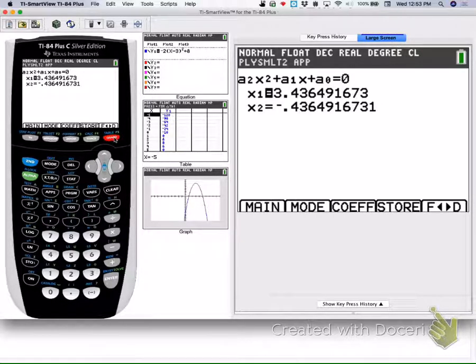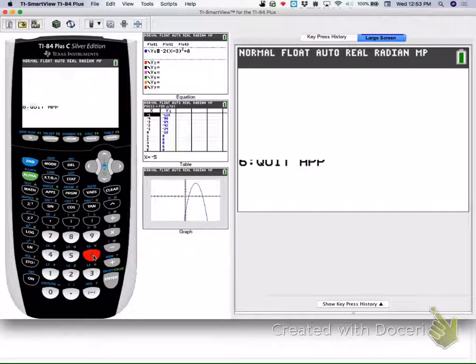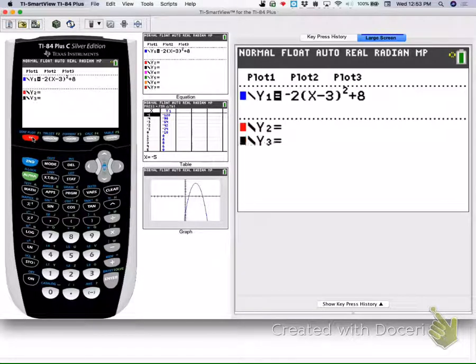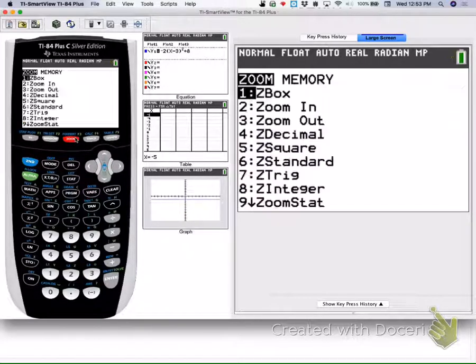Now, just to show you that we could get that by looking at the graph too. I have to quit this first. Look at the graph: negative 2x squared plus 6x plus 3. I'm going to make sure that I have a standard viewing window here.